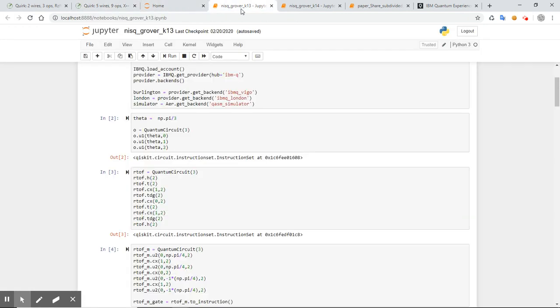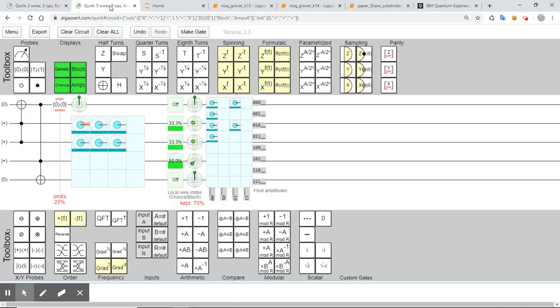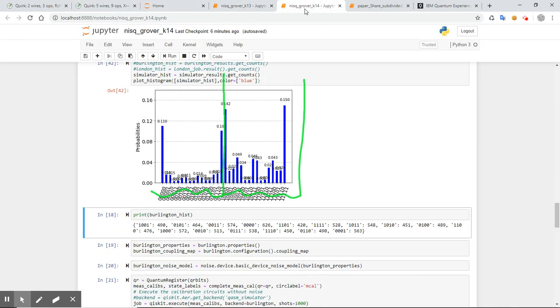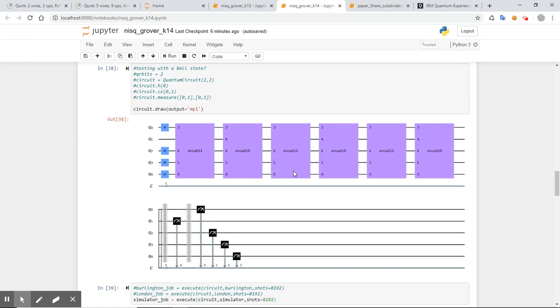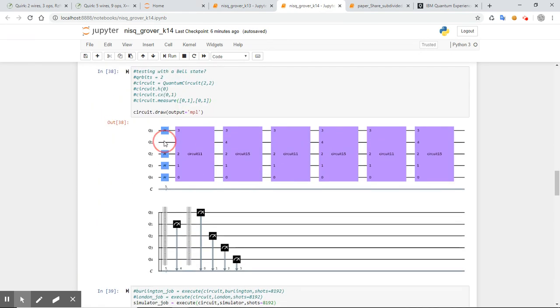So I'm measuring. Oh, wait a second. I'm doing something wrong, maybe. I think I'm doing something wrong. Give me a second. No, that's correct. The Q1 doesn't have any Hadamard in here.